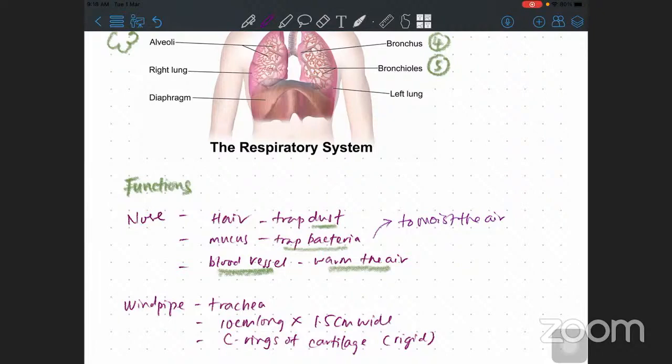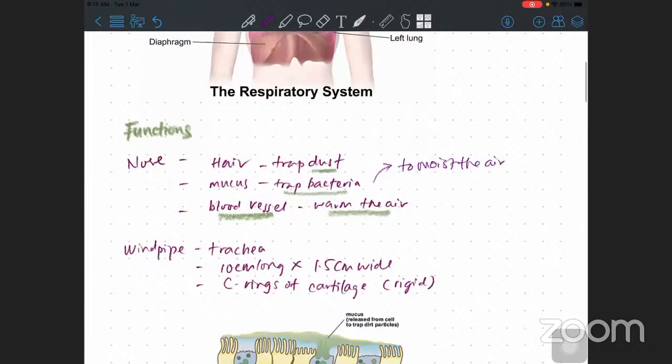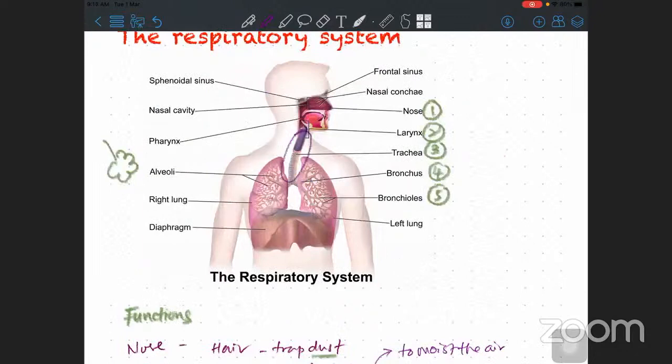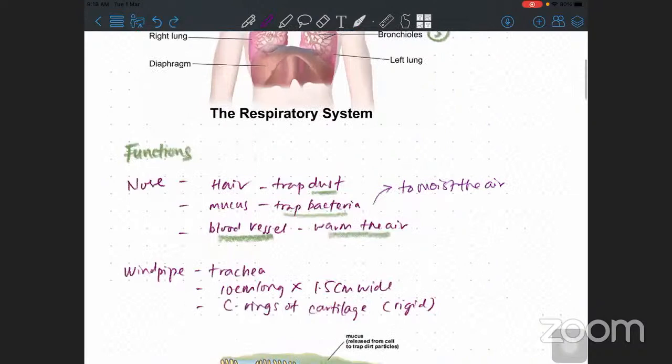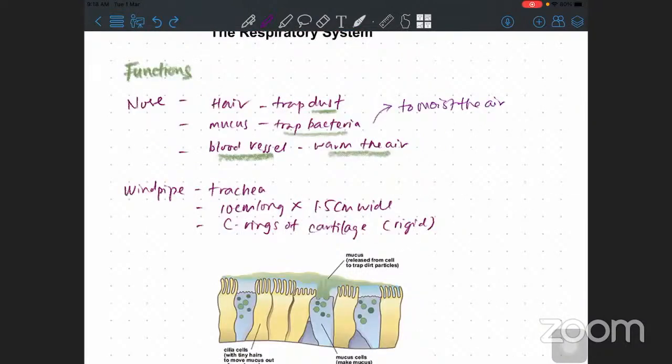Then we come to the windpipe, which is this part. We have another name for it, which is the trachea. It is around 10 cm long, for example, and around 1.5 cm wide.